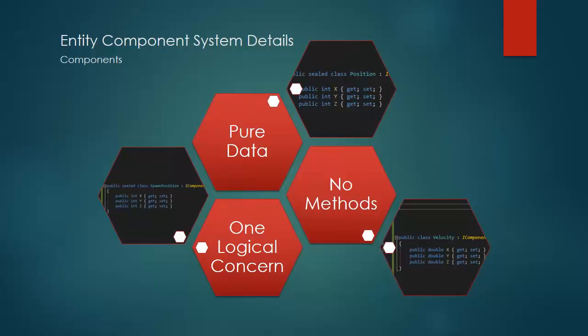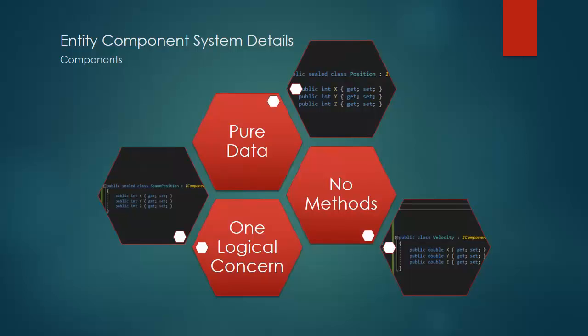Nothing in there. But secondly, you don't want to do something like, say, make a player component that has a bunch of positions in it and a health and where they spawn and stuff like that. You want to break that out.